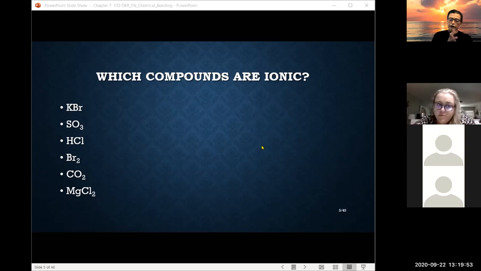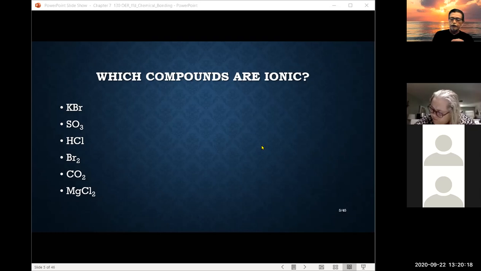Okay. Then we have Br2, which again, it's one of the diatomic elements. Remember the 7 diatomic elements. Being both bromine, again, both nonmetals, therefore covalent. Then, of course, we've got carbon dioxide. Again, carbon is a nonmetal, oxygen is a nonmetal.